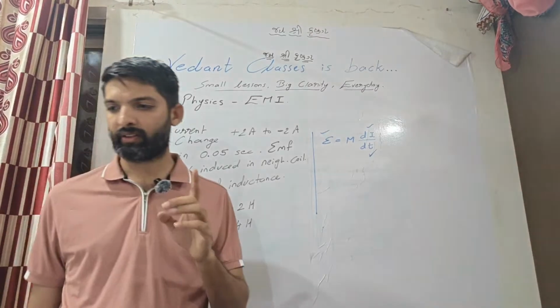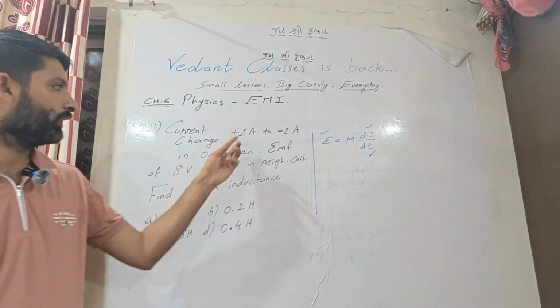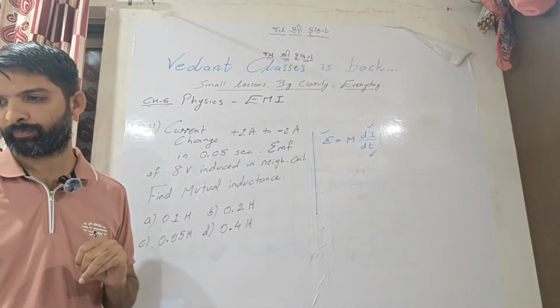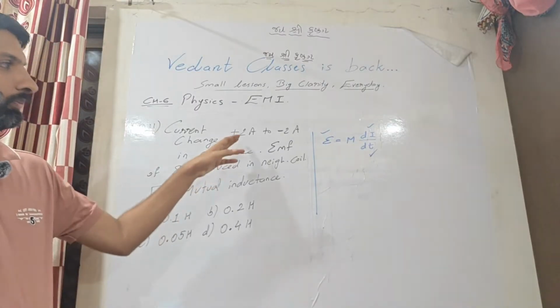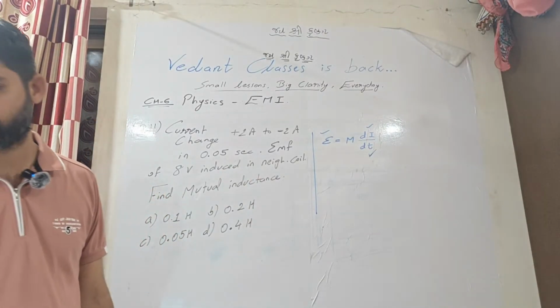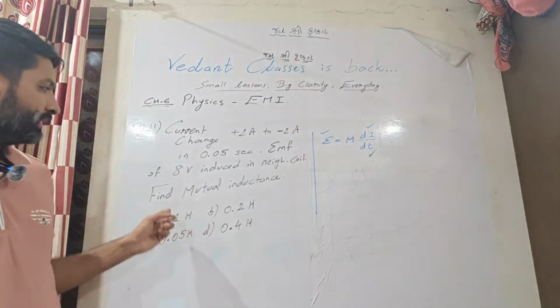That will be a change of 4. Yes, very good. 0.1 Henry will be the answer.